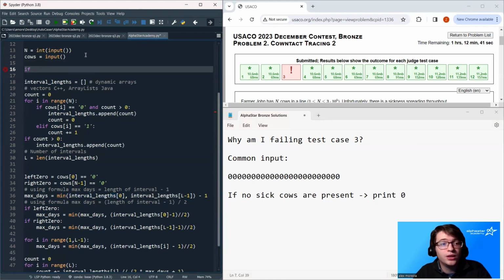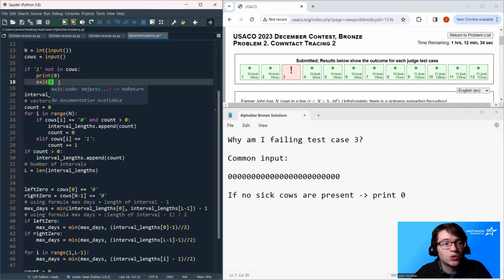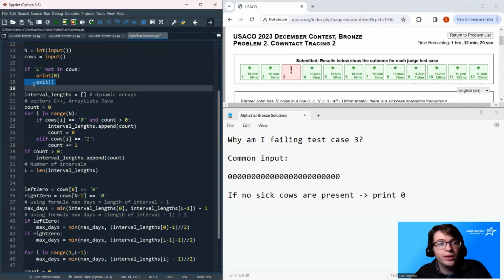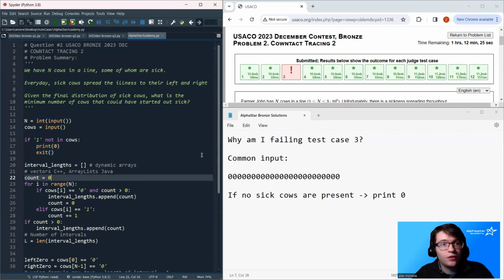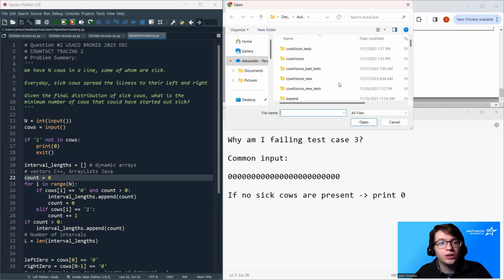That's pretty easy to add to the program. We just do if 1 is not in cows, then we print 0 and we exit, right? So exit is sort of like a break statement for your entire program. It'll just end the program early and not run anything down here. So let's save our program one more time, try submitting it to the grading server, and I think this time we will be totally bug-free.